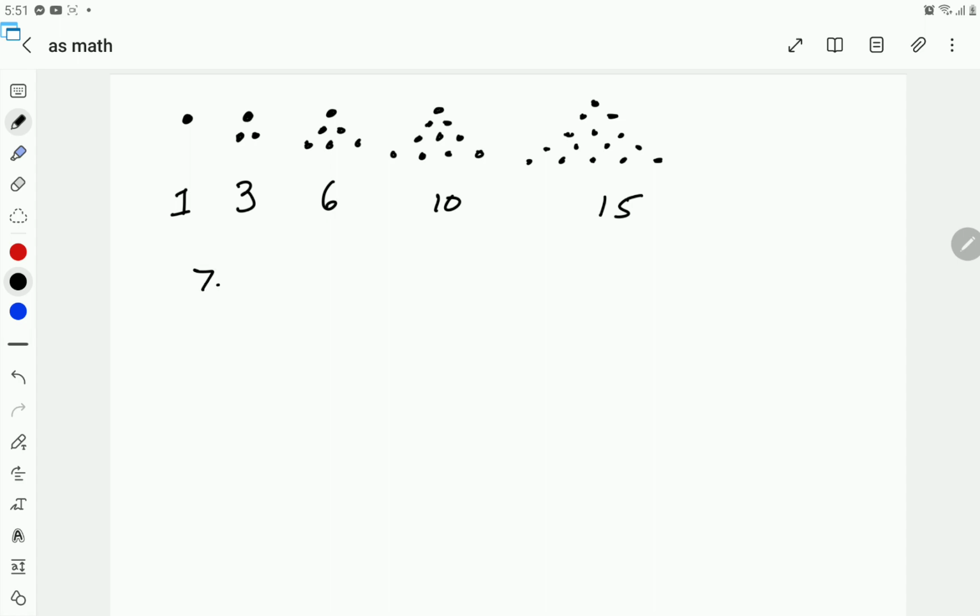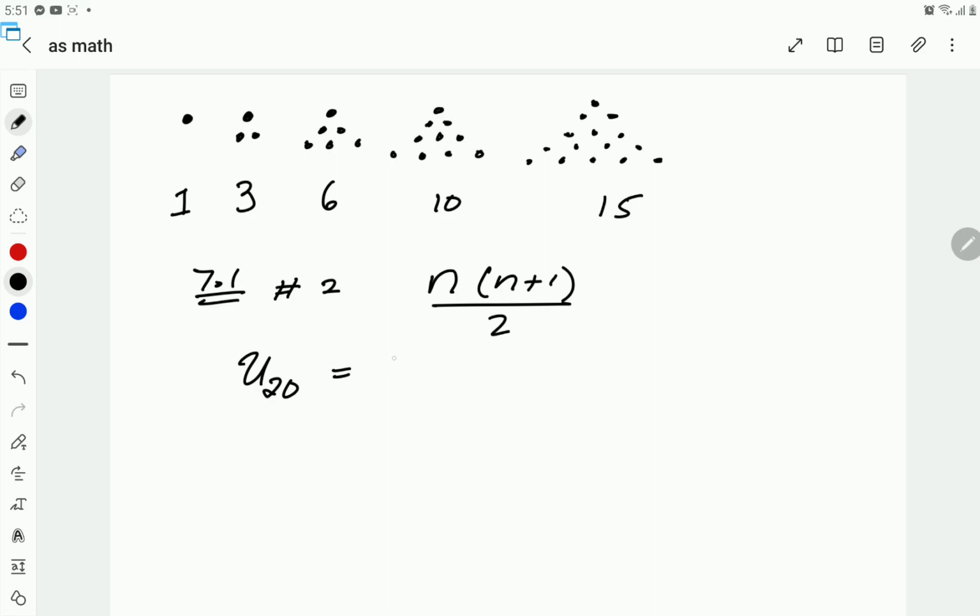In exercise 7.1, number 2, an expression for the nth triangular number. So, this triangular number is n times n plus 1 over 2, according to question number 2. And you're being asked, what is u sub 20? The 20th triangular number.